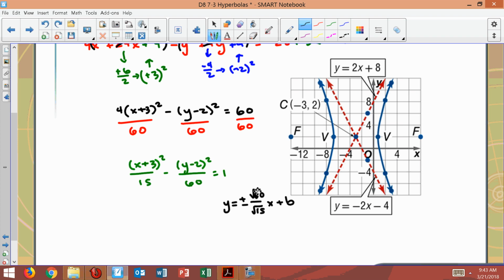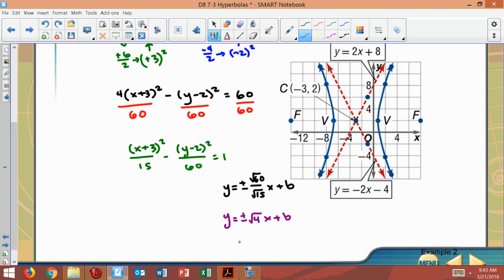Now square roots, when you divide, you can divide them. So this would be reduced to become the square root of 4, plus or minus the square root of 4, x plus b. Now one more step here. What is the square root of 4? It is 2. So it'd be y equals plus or minus 2x plus b.